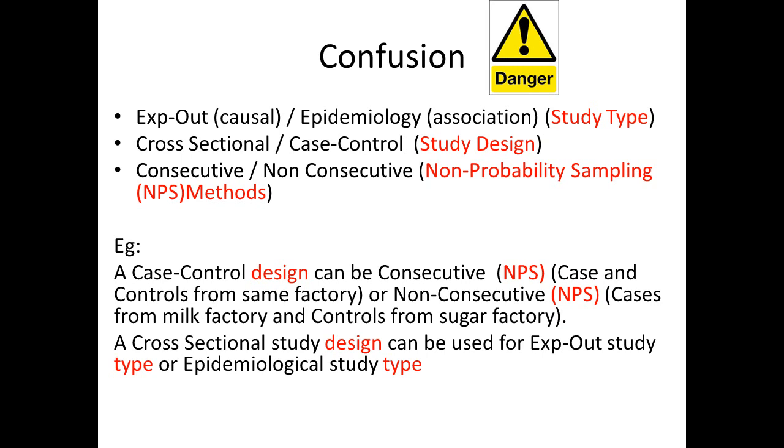Another example is a cross-sectional study design can be used for an exposure outcome study type or an epidemiological study type, right? So in the exposure outcome study type, you can use it to study causality, and in the epidemiological study type, you can use it to study association.